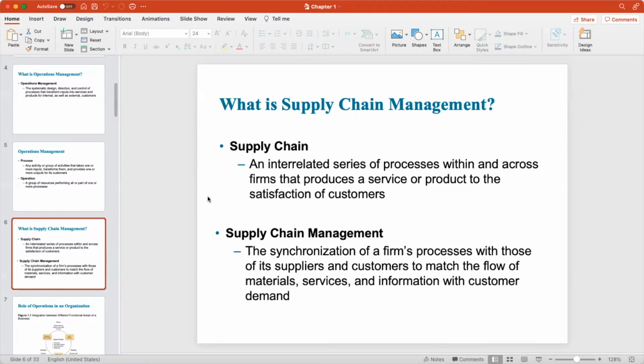But overall, no matter whether it's operations management or supply chain management, all of it is included in the bigger picture of the operations management field. That's why both sides are quite important. If you look at the supply chain management definition, it is defined as the synchronization of the firm's processes with those of its suppliers and customers to match the flow.